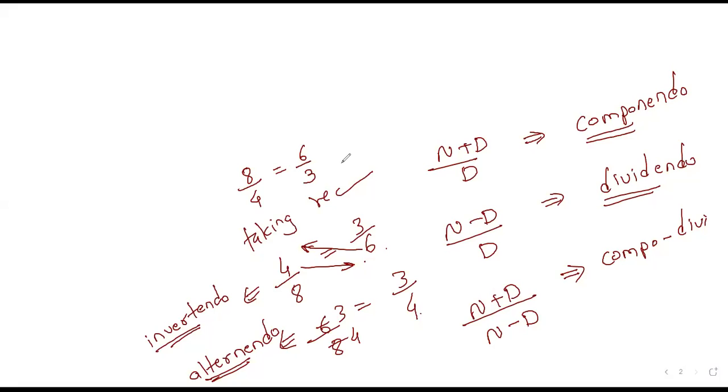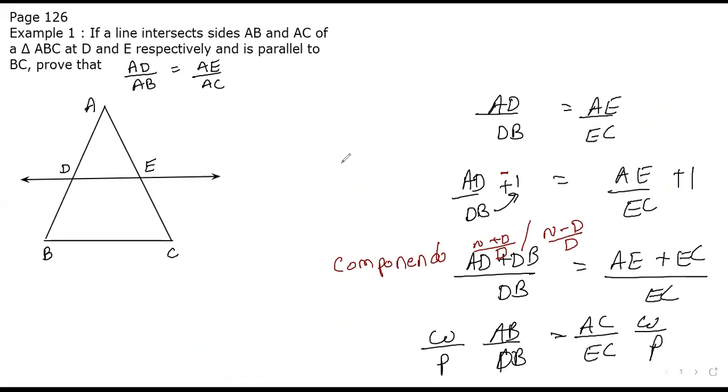So one part I have made clear: componendo, dividendo, what it is. It is adding one or subtracting one. Now, the second point I want to make clear. Whenever we are adding one or subtracting one, where is the change occurring?